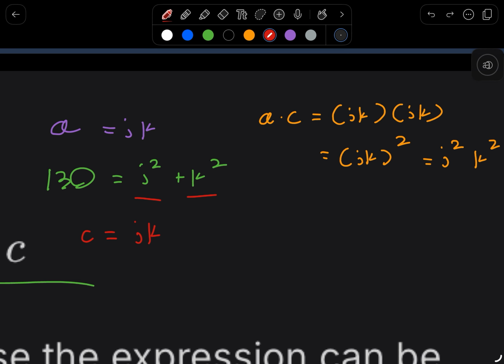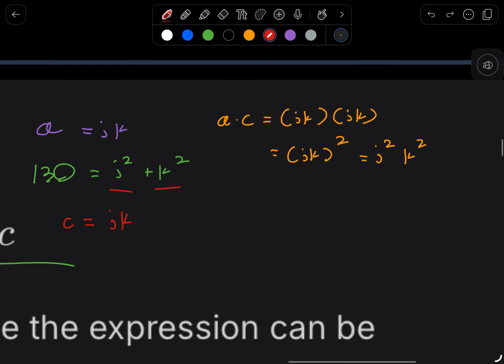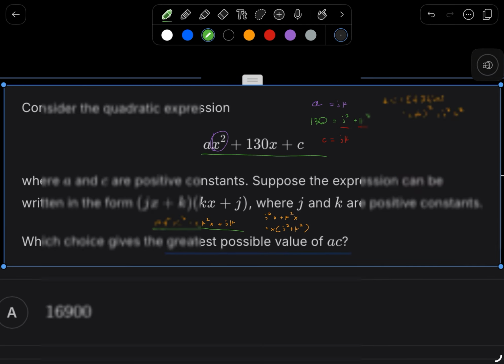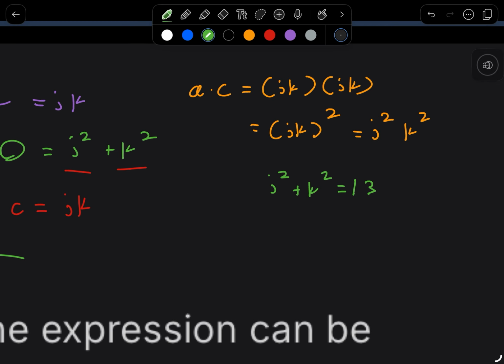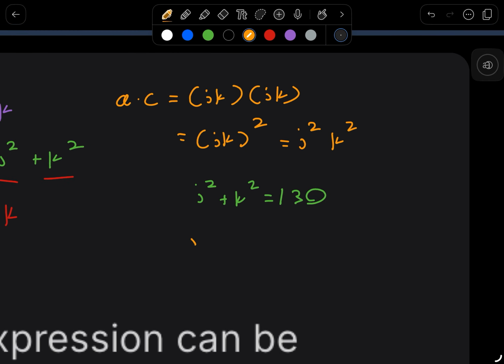So it's probably a good idea to get everything the same. So let's rewrite this green thing here. We have again j squared plus k squared equals 130, and we're trying to maximize j squared k squared. So I'm just going to write max.